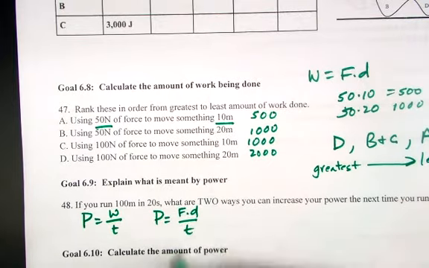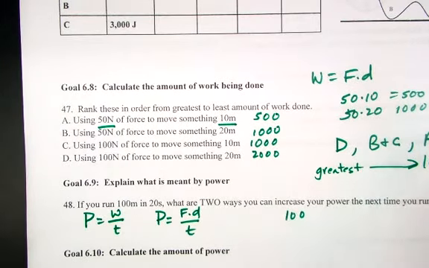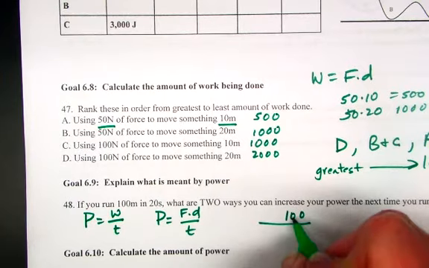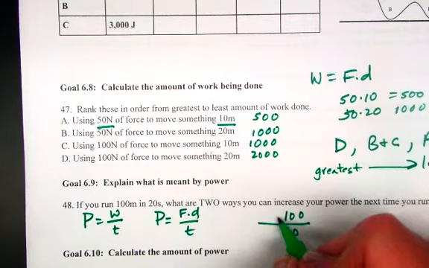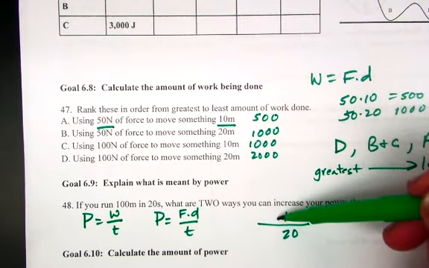So if we think about it, the distance is 100 meters. So we're not changing that, right? In both races, it's going to be 100 meters. So we're going to leave that the same. But if you run in 20 seconds, that's the time, how could you potentially increase your power?